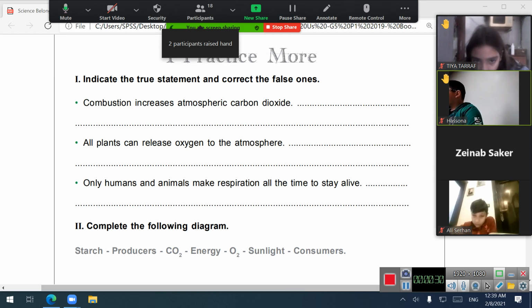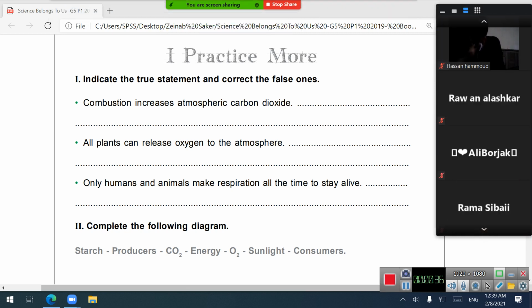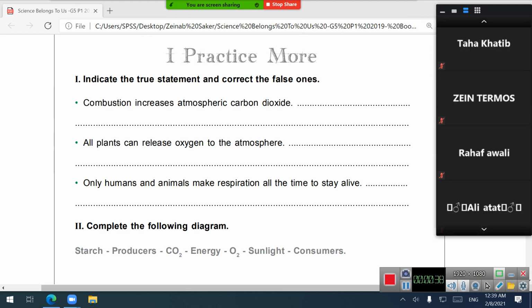This was about the processes done in the carbon cycle. While in the oxygen cycle, we also have the respiration process, which is done by all living things that absorb oxygen and release carbon dioxide.